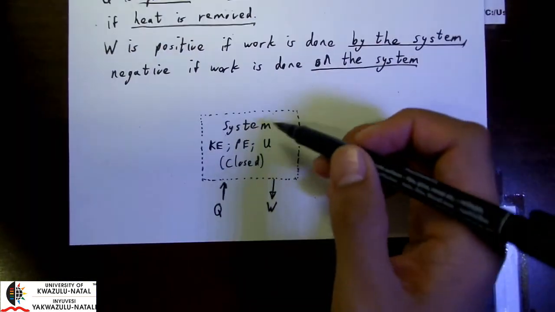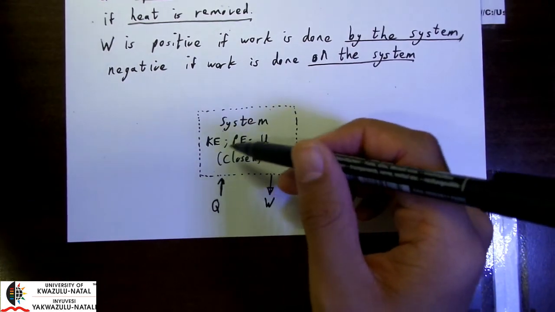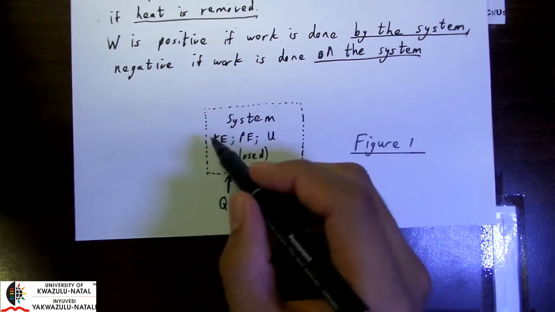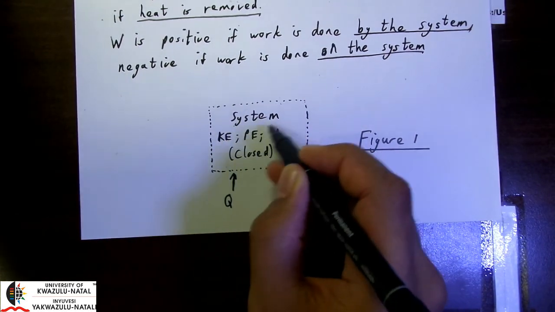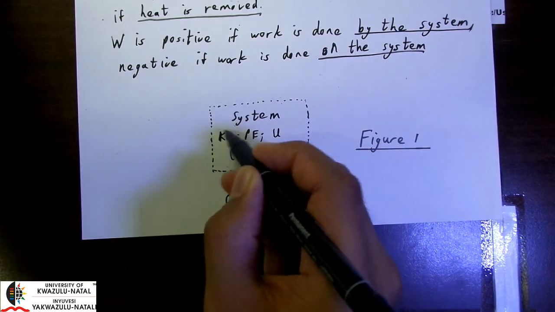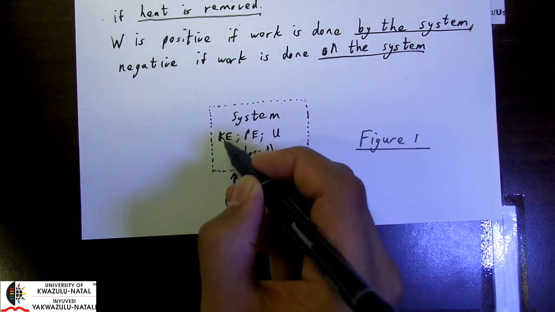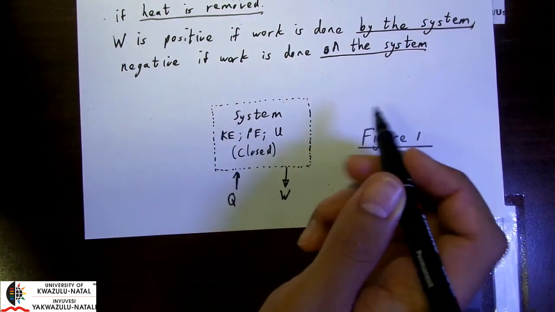So this is just a simple diagram of a closed system. In our system, we have kinetic energy, potential energy, and internal energy. And remember, our kinetic energy is equal to half mv squared, where m is a fixed mass. There's no mass going in or going out.